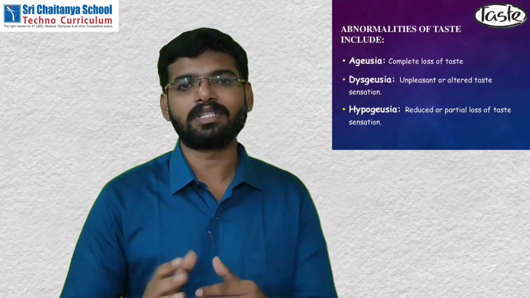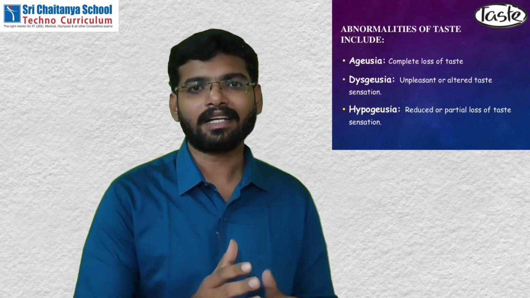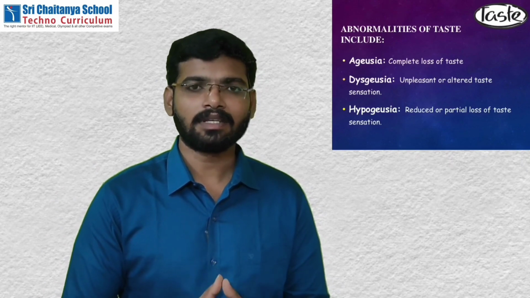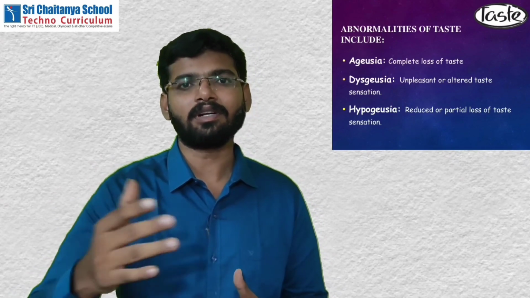We should note that strong odors may mask the taste of the food. During a cold, we suffer with a condition called hypogeusia. Hypogeusia means reduction in the sensitivity of taste. Hypergeusia means there is an increased sensitivity of taste.